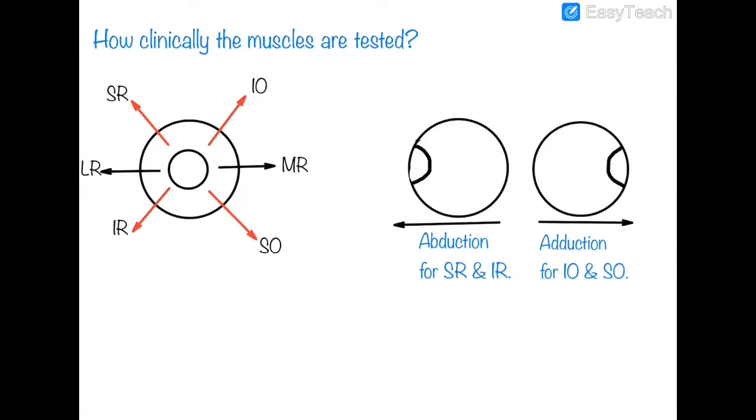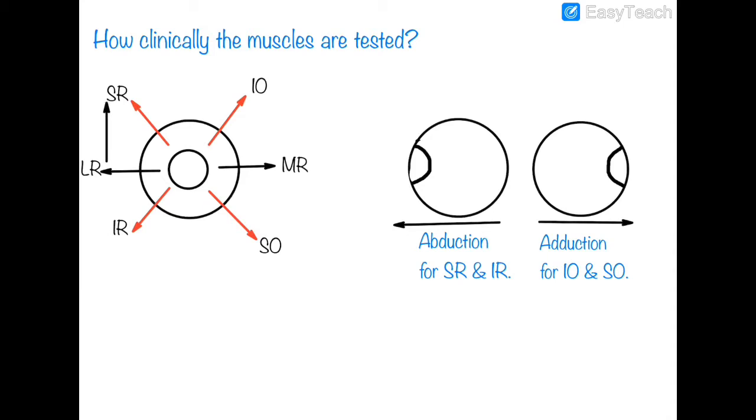in clinical examination the subject is asked to look along the lines shown by the black arrow. That is, instead of looking directly up and out, he is asked to look first out and then up.